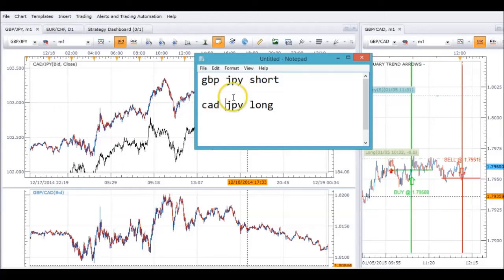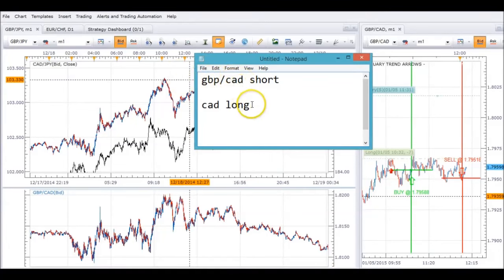So if I'm shorting the yen on this pair and I'm buying the yen on that pair, they cancel each other out. So now I know that I am shorting the pound, I'm buying the CAD. So all I have to do is short the British pound CAD.